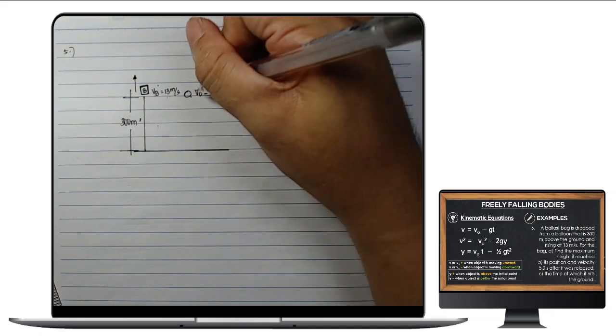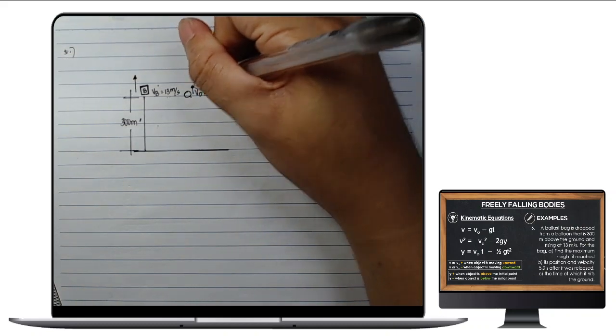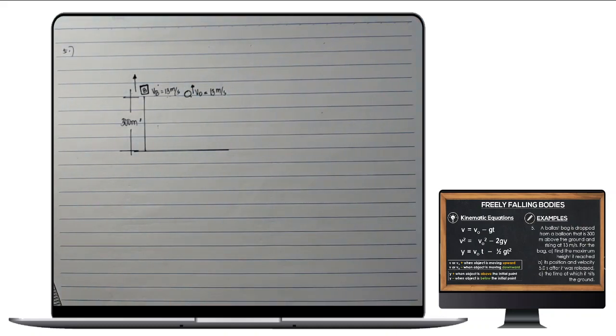Since the balloon is rising, therefore, the velocity of the ball will also rise initially. Okay, since the balloon is moving. So, since the balloon is rising at 13 meters per second, the ball will initially rise at 13 meters per second velocity also. So, maa-accumulate niya yung velocity ng balloon. So, yung initial velocity of the ball will be equal sa velocity ng pagtaas ng ating balloon.